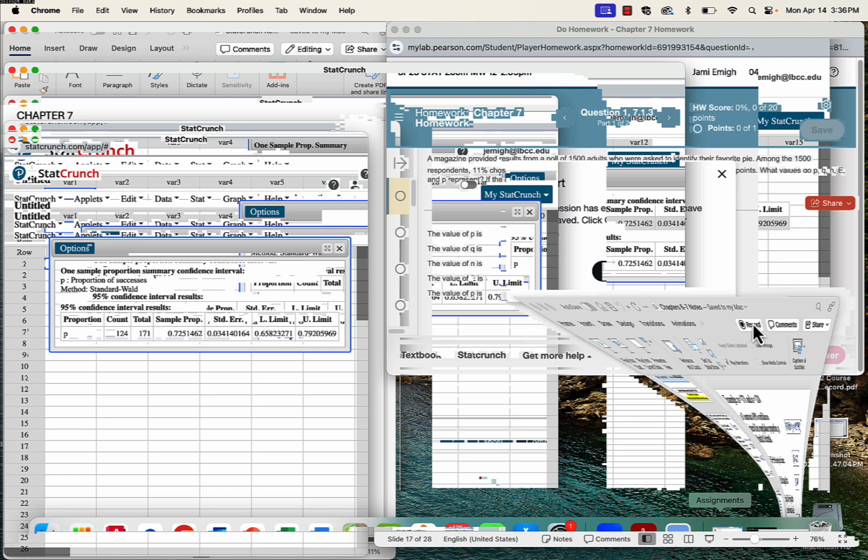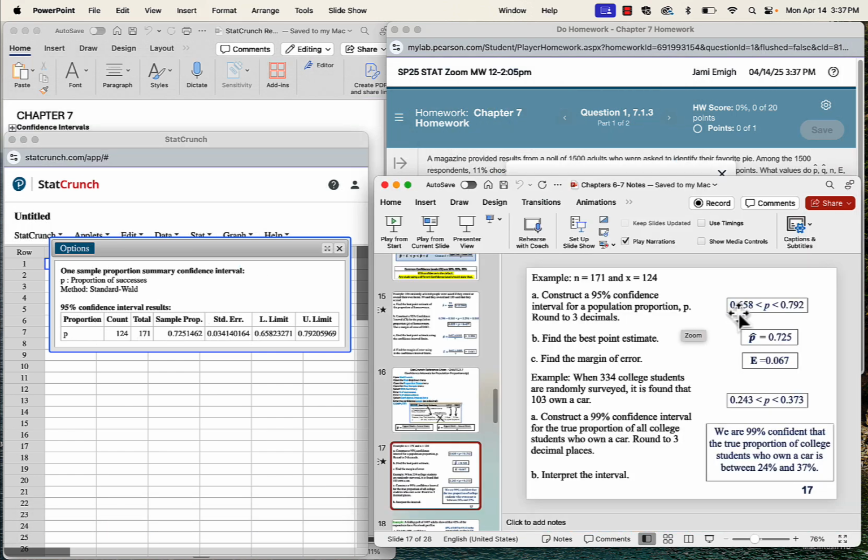We have our lower limit to 3 decimals as 0.658 and our upper limit as 0.792. Part B wants to know the best point estimate p hat, and that is right here for us, 0.725.